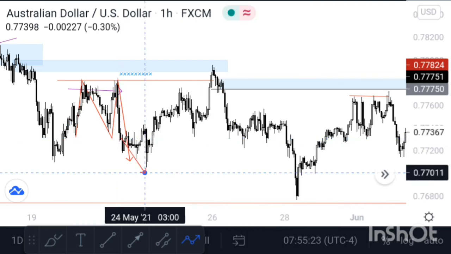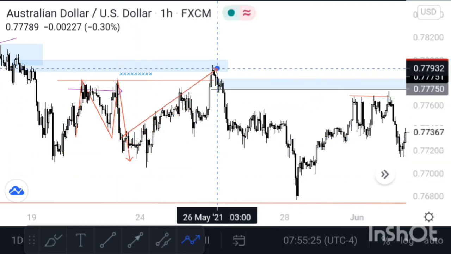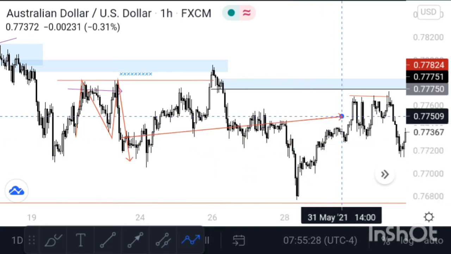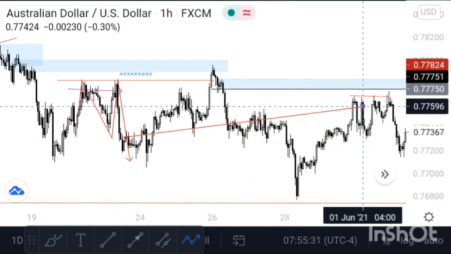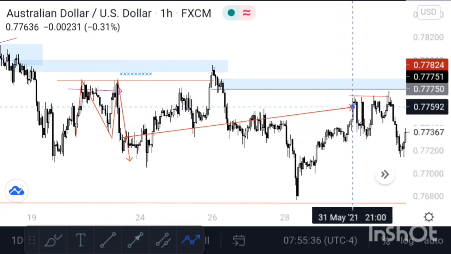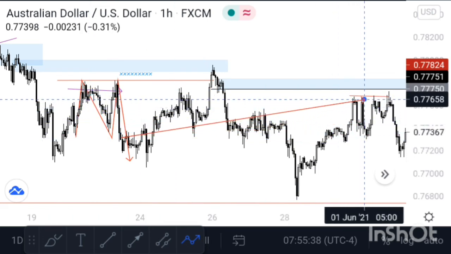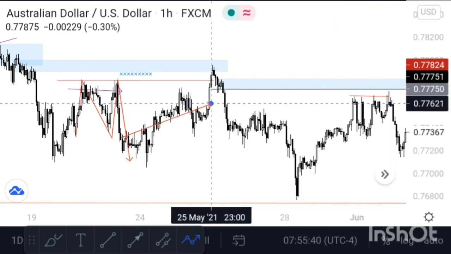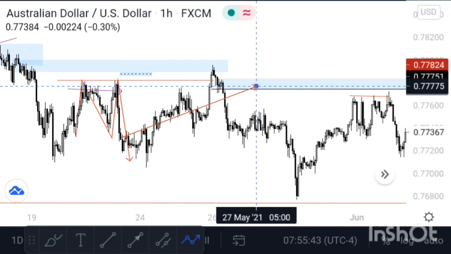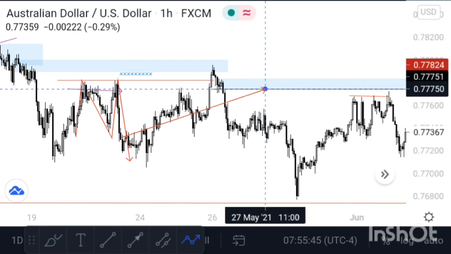The market came back down to test here, then mitigated, and then went down to create a lower low. Then it went back up to create the same thing as this one, introducing the early sellers, and then they were in and it went back up. But notice this, it didn't mitigate or fill this order block or IFC or whatever you can call it.